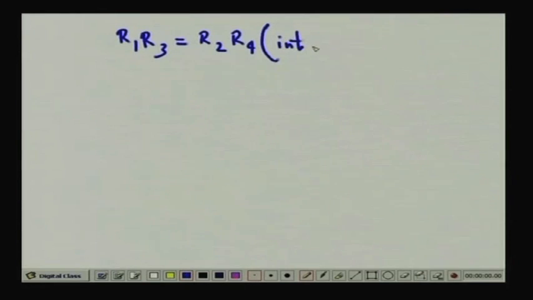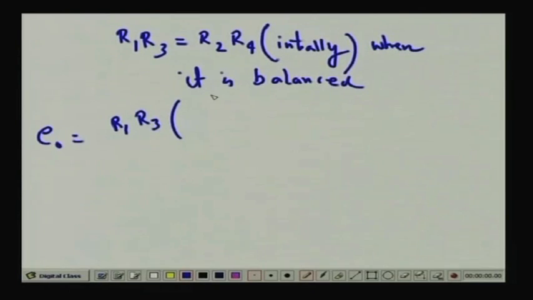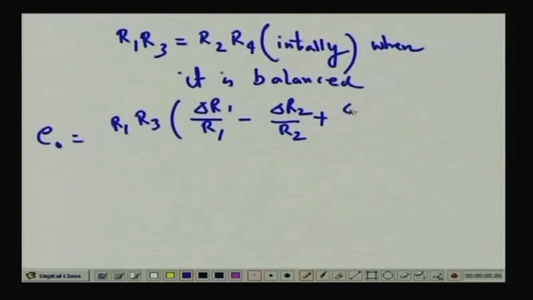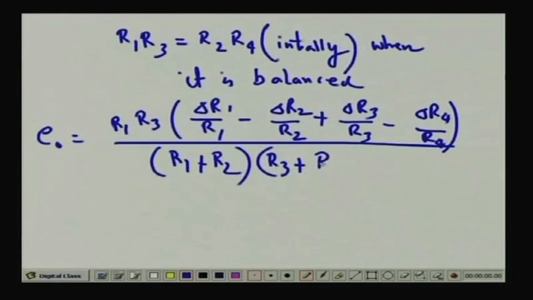When the bridge is balanced, I can write the expression for the output E naught as equal to R1 R3 into delta R1 by R1 minus delta R2 by R2 plus delta R3 by R3 minus delta R4 by R4, upon R1 plus R2 multiplied by R3 plus R4.